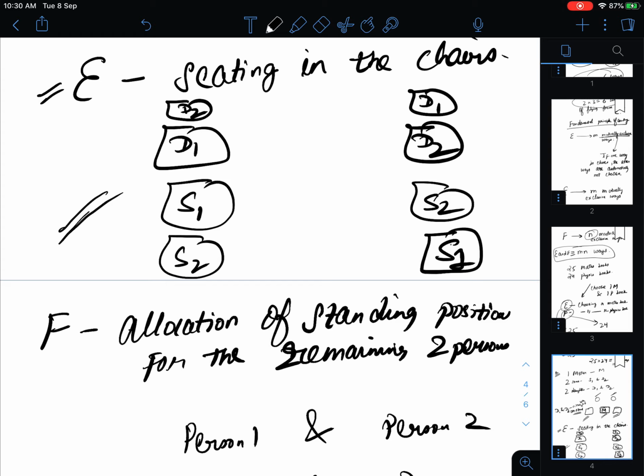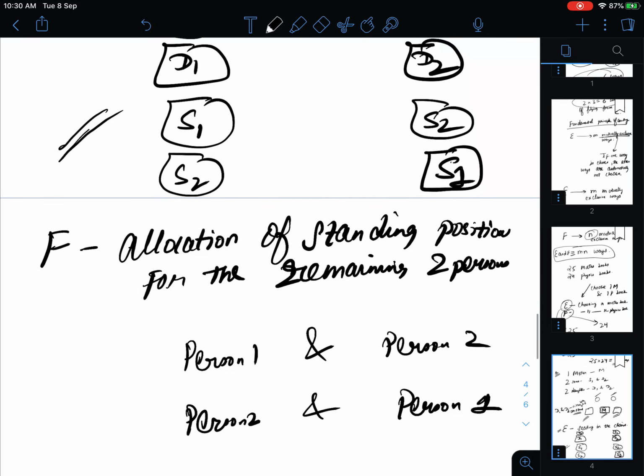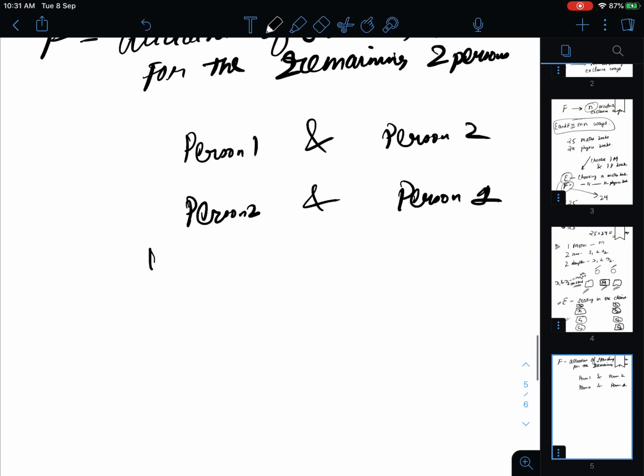But event F is about making a choice, and that choice is independent of what choice we made in event E. So in that sense, the two events are independent. So the two events together can happen in 4 times 2 equal to 8 ways.